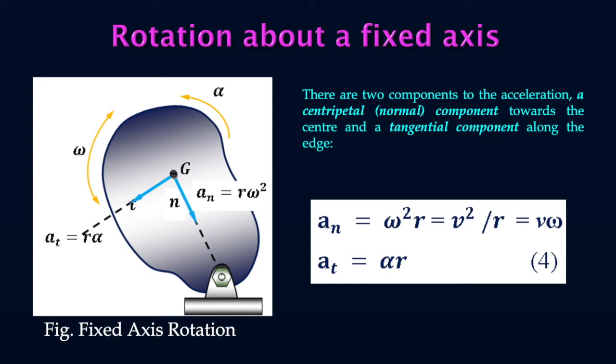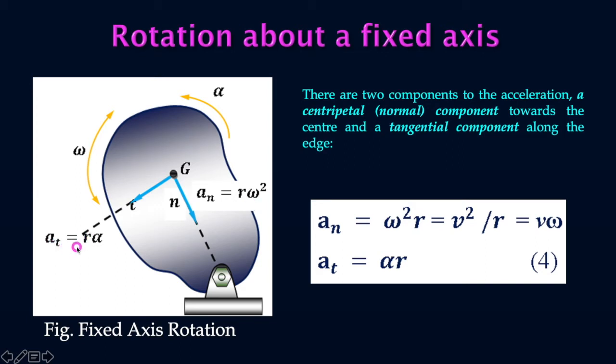For a rotating body, the normal component of acceleration is always present irrespective of angular acceleration. Whether angular acceleration is there or not, the normal component of linear acceleration is there.